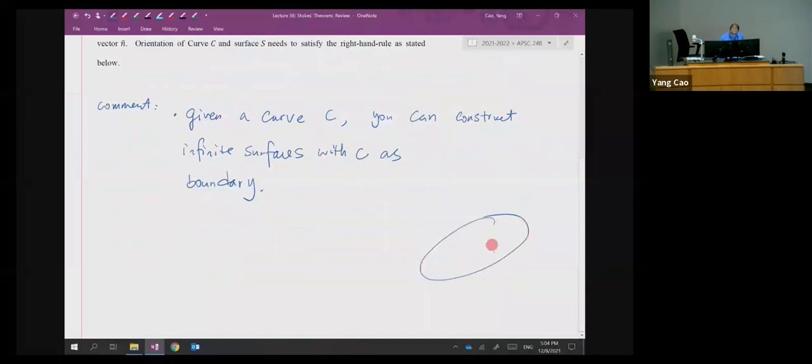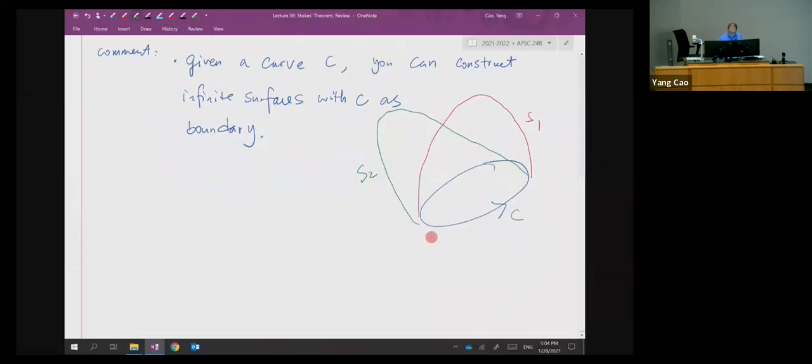For example, if this is C over here, I can draw a surface S1 whose boundary is curve C. I can also draw another surface, S2, that shares the same boundary as S1.